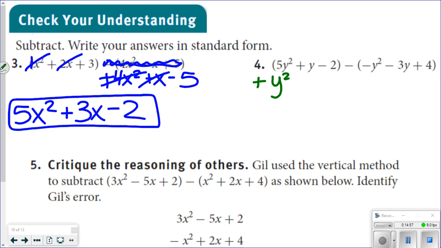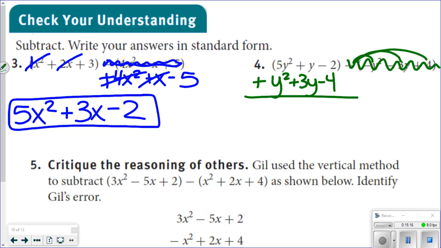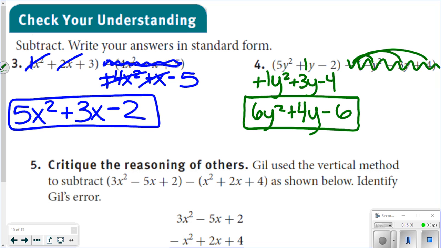Some of you like to do it that way, so it becomes a positive y squared, a positive 3y, and a negative 4. So 5 plus 1 is 6. 1 plus 3 is 4. Negative 2 minus 4 is negative 6. And that's my final answer.